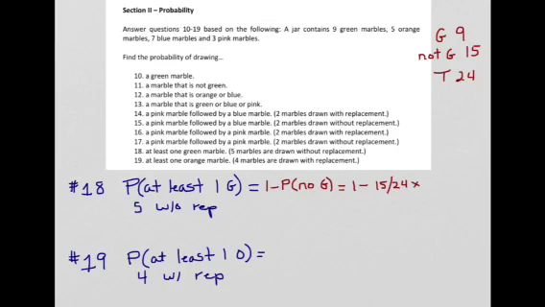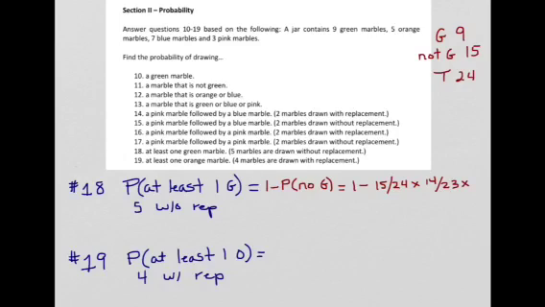times. And then on the second draw, what's the probability of getting not green again? We're assuming we got not green the first time, so we're down to 23 marbles, but only 14 of them are not green. So 14 over 23 times.